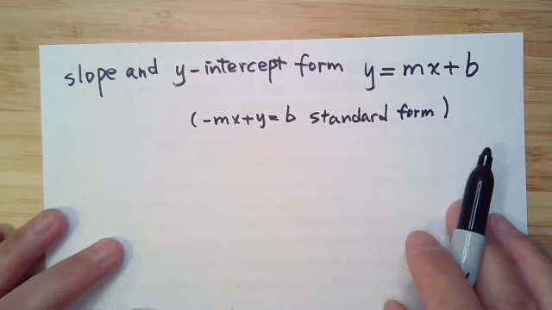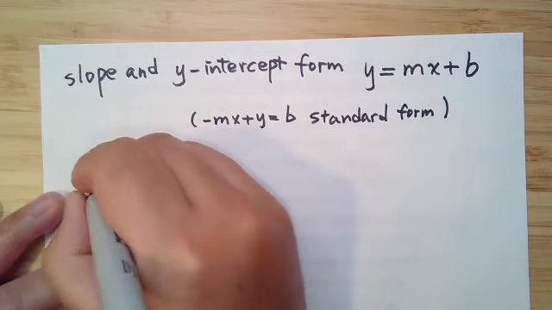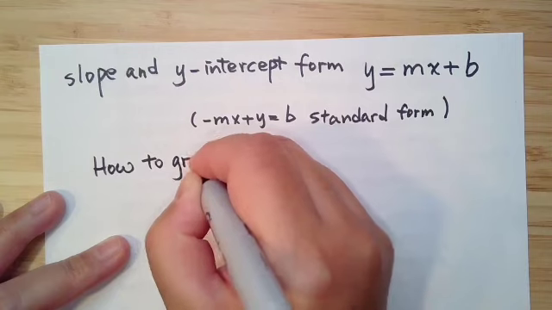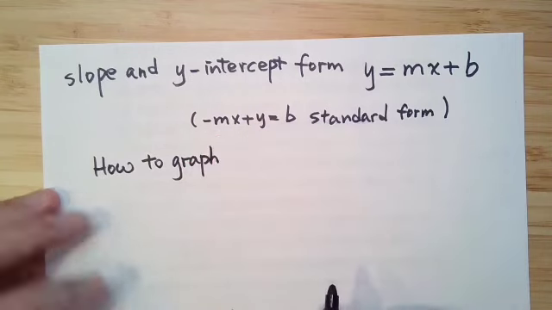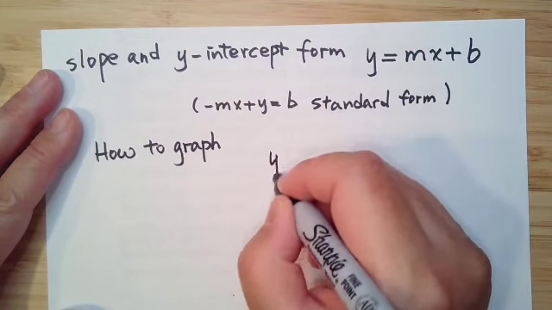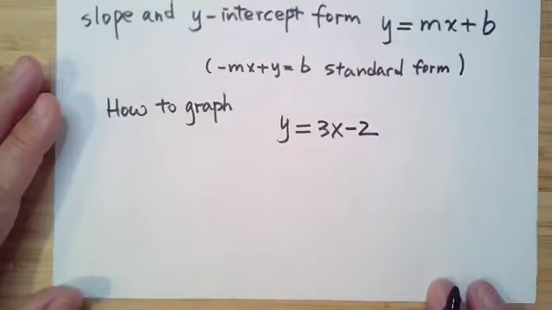Now, what does this mean? How do we graph it? Let me tell you a little trick. If I ask you to graph y equals 3x minus 2, here's the slope.